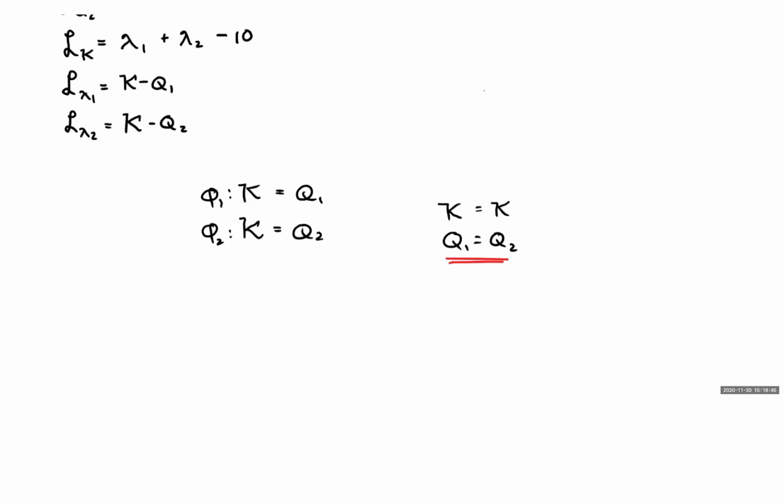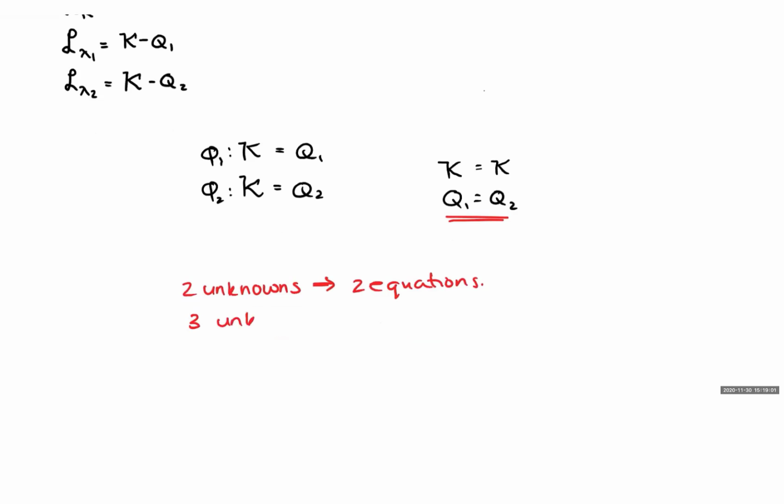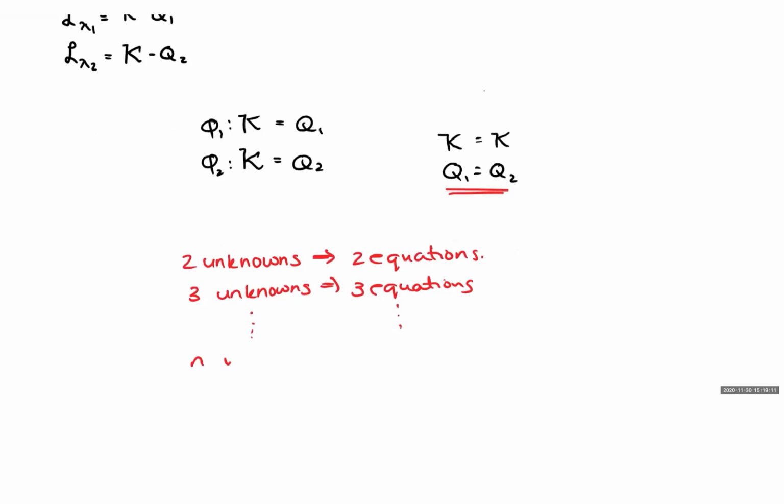There's 3 variables. The rules of systems of equations is if you have 2 unknowns, you need 2 equations as a minimum to solve for them. If you have 3 unknowns, then you need 3 equations to be able to solve for 3 unknowns, and so forth. For n unknowns, you need n equations to be able to solve for the system of equations.